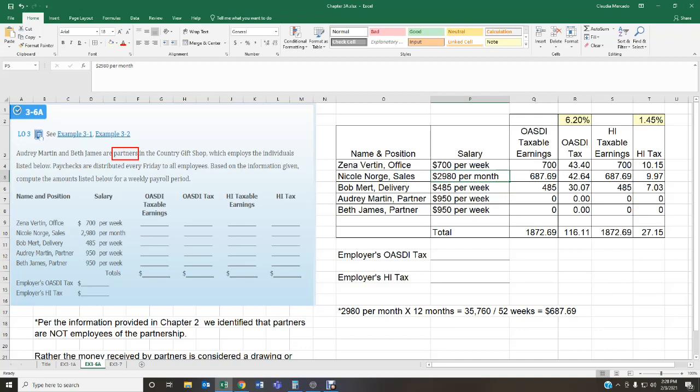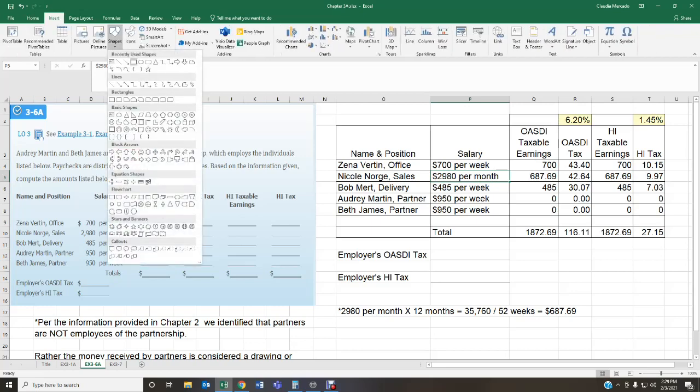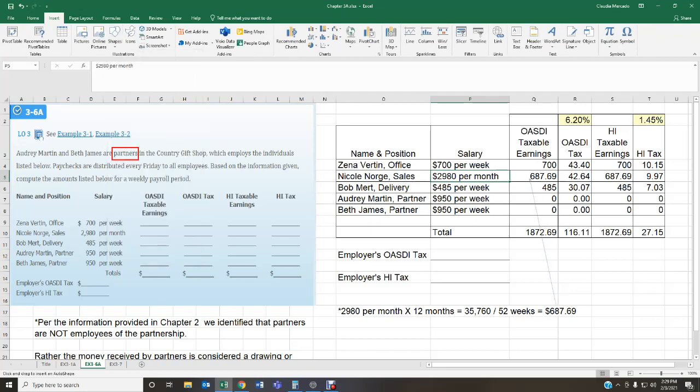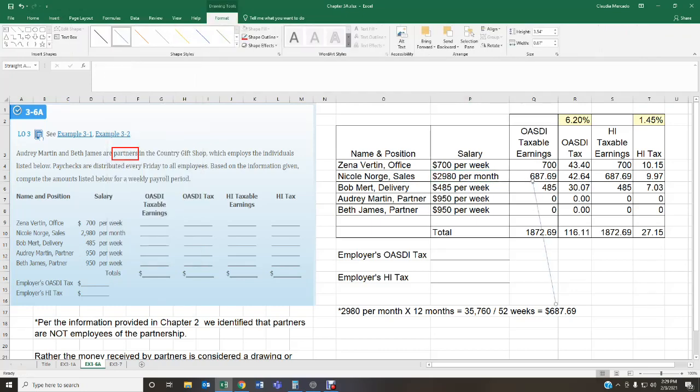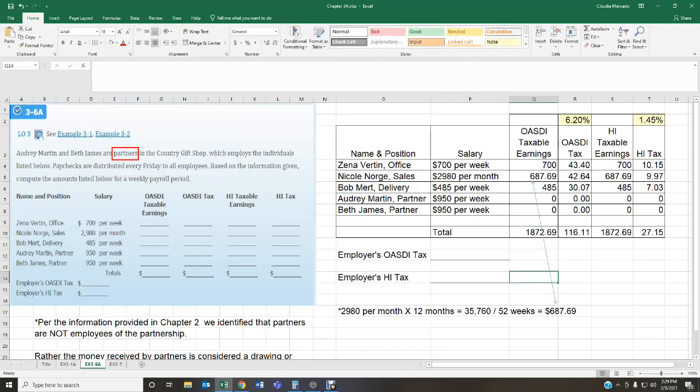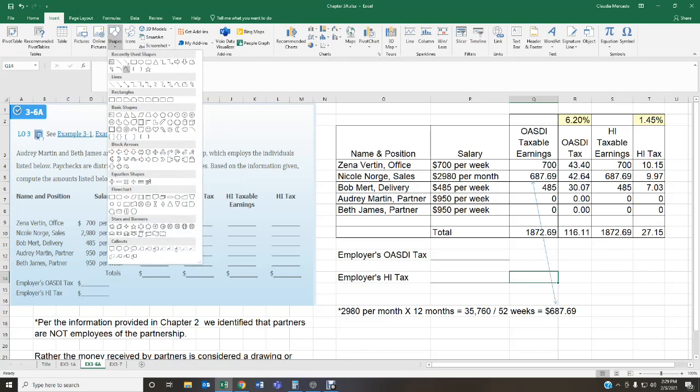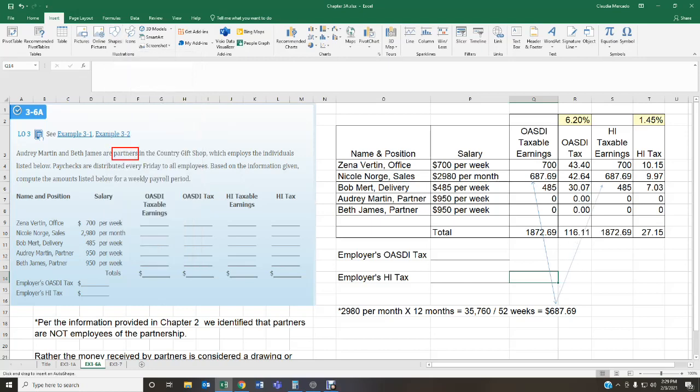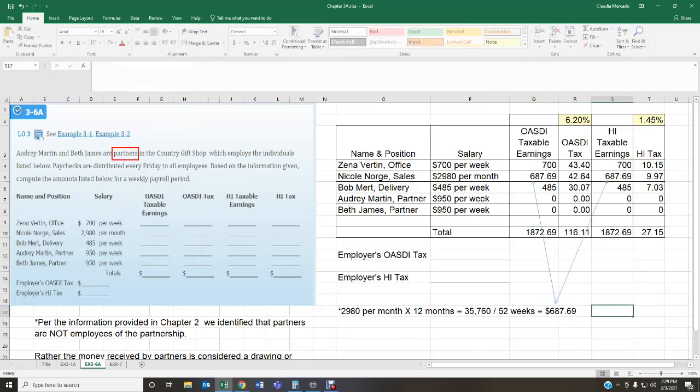So we have to convert her monthly pay to a weekly pay, which was 687.69, which is what we entered right here for the taxable earnings for OASDI, as well as for your HI taxable earnings. That number is going into those two because we have to convert from monthly to weekly. So that is what we have for the top part.